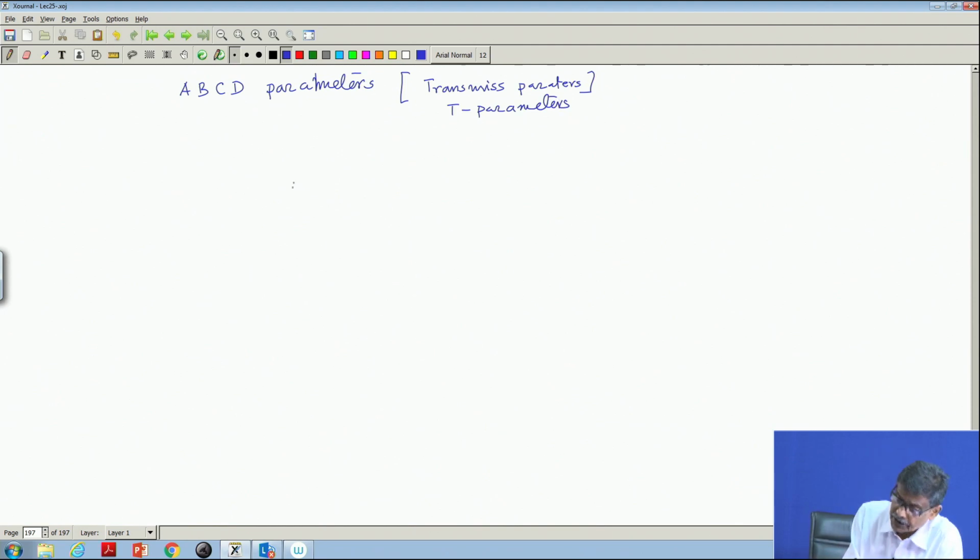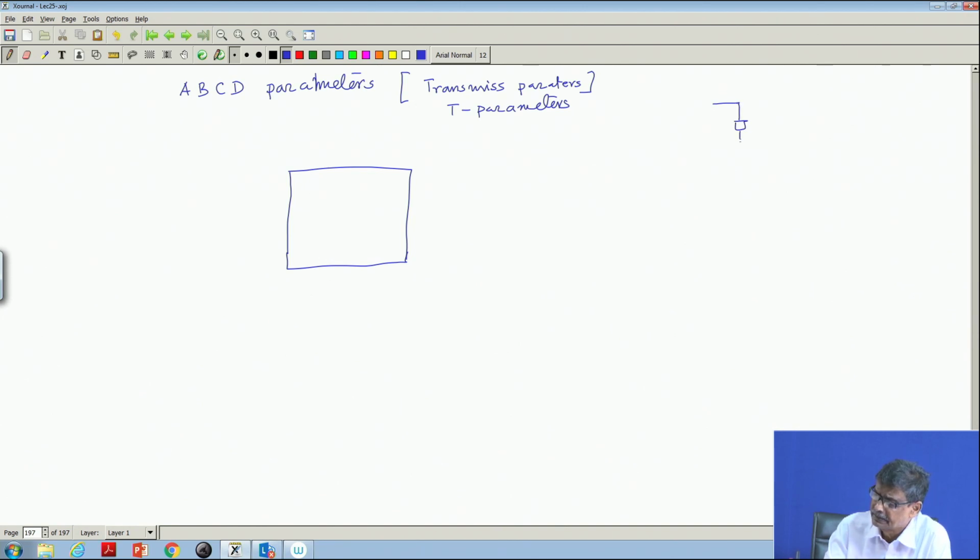Suppose you have a two port network. What happens is this: you have a transmission line. A transmission line will have capacitances in parallel and inductances in series, and a pi representation of the transmission line could be like this.